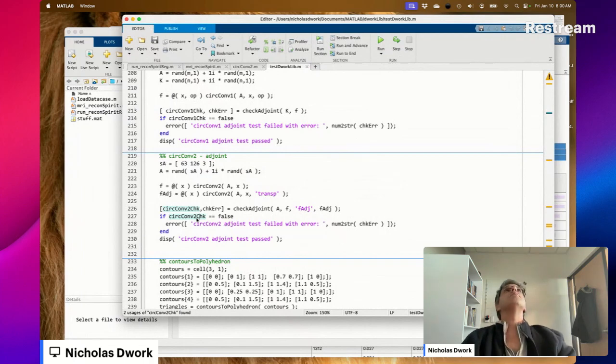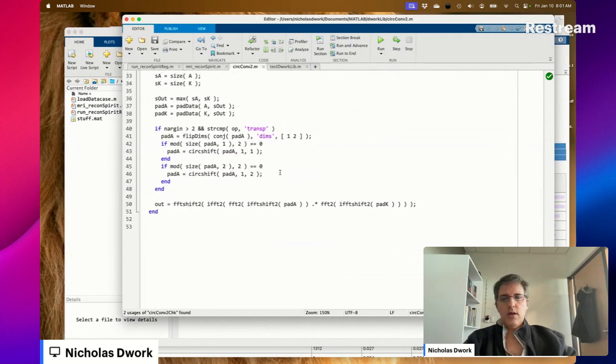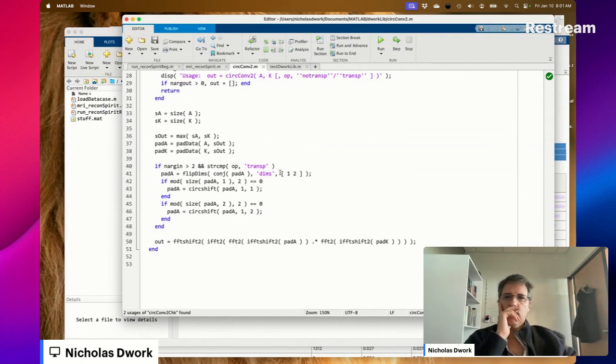Right, because when you're testing the adjoint, you need to know the location of the origin in the circular convolution, because the origin is where it flips about. And flip dims flips about the center.